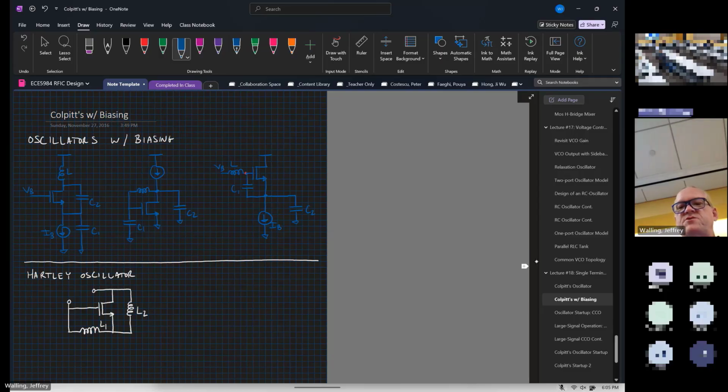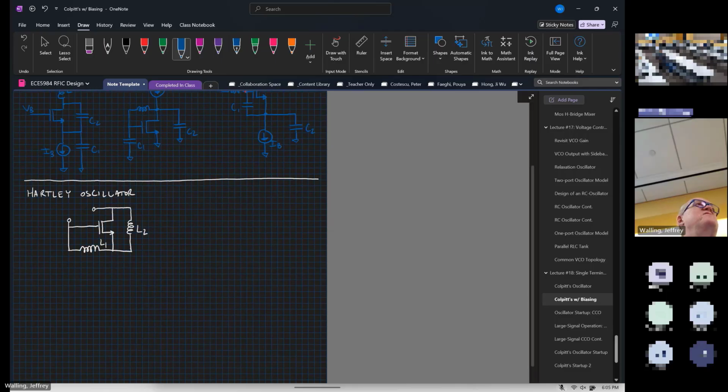All right, well, you might imagine that if we can do the series combination of capacitors, we can probably do the series combination of inductors. And indeed, there's one called the Hartley oscillator. So here, I'm going to put a capacitor across the negative resistance.